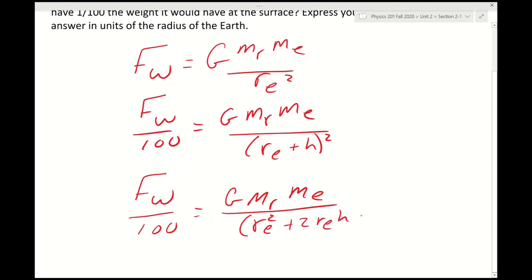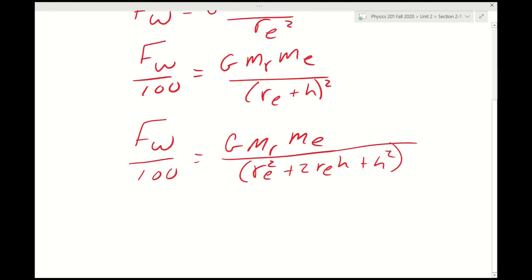Well, all that's going to be is what? All that the big G, mass of the rocket, mass of the Earth over the weight is just the radius of the Earth squared. So that means that the radius of the Earth plus h squared is equal to 100 times the radius of the Earth squared.